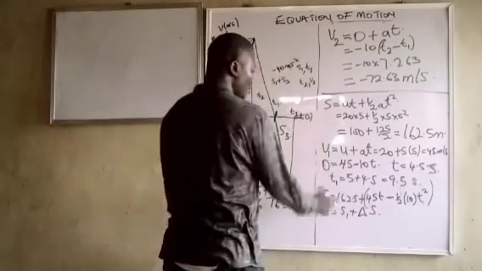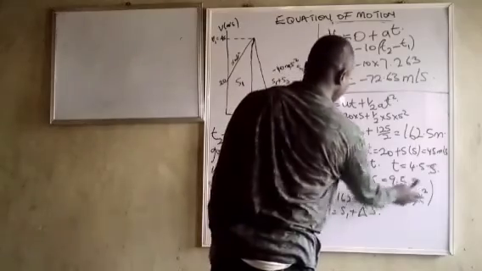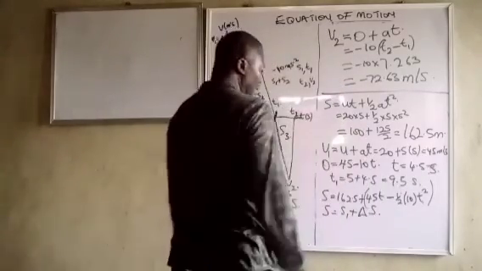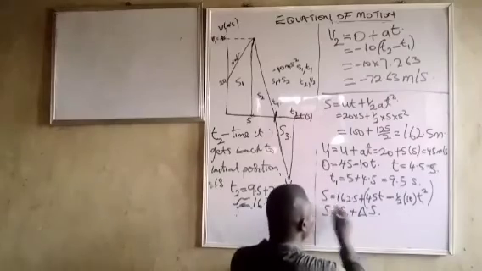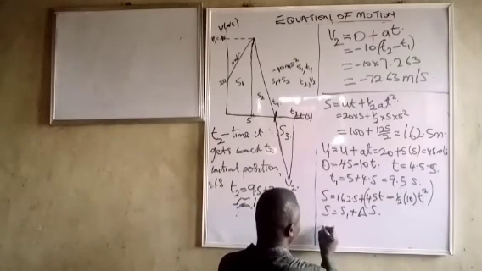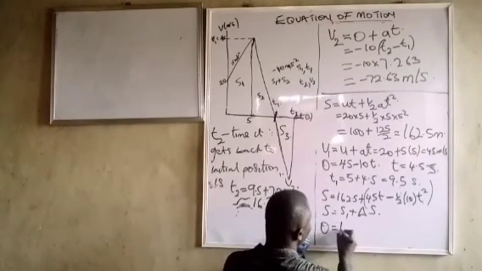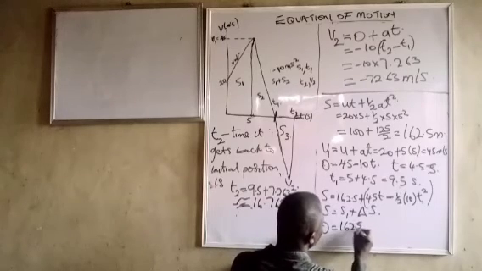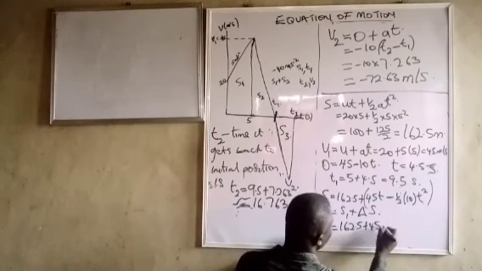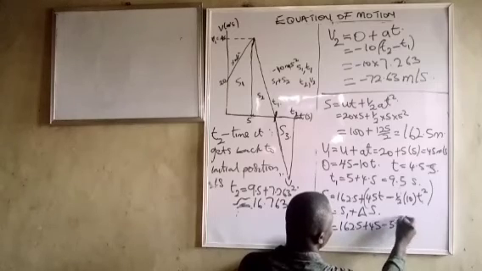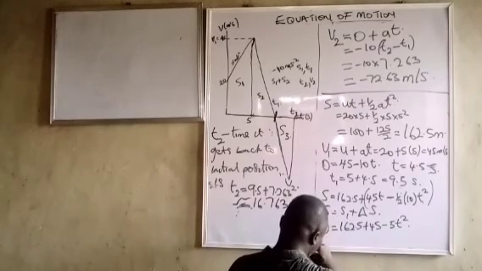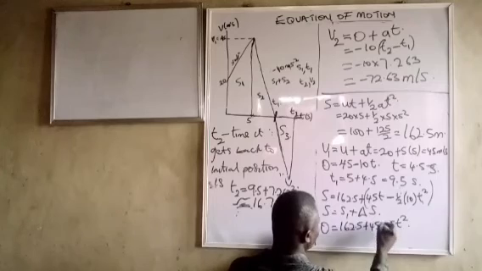Now, we are told to find the time at which it gets back to its initial position. So initial position will be 0 now. So 0 will be equal to 162.5 plus 45t minus 5t squared.